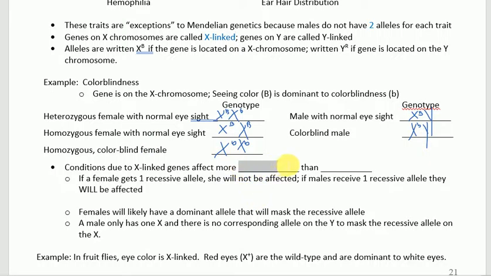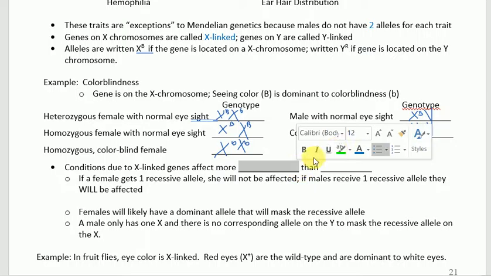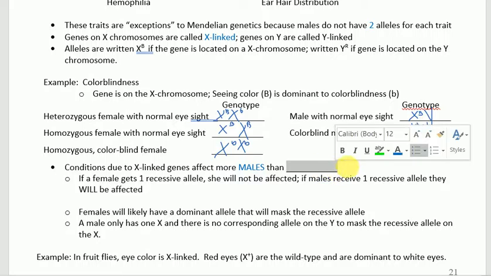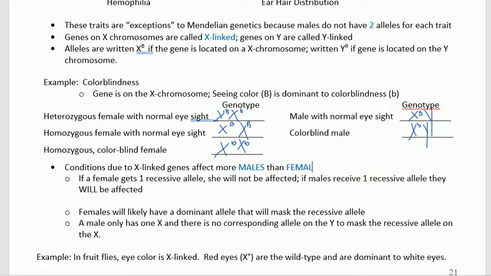It is important that you know that conditions due to X-linked genes are going to affect males more than females. If you think about it, it makes sense because a female is XX and a male is XY.